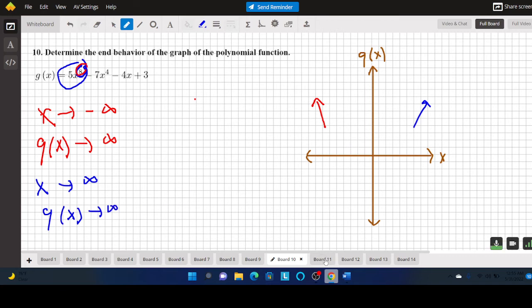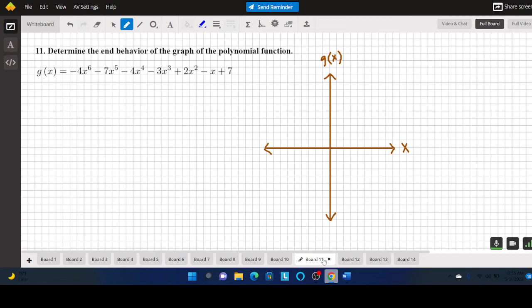And one more, number 11. Determine the end behavior. So let's look at the leading coefficient. And what we didn't check for on the first two is make sure that this is in standard form. 6 is the highest degree, so this does represent the leading coefficient. Let's go back.